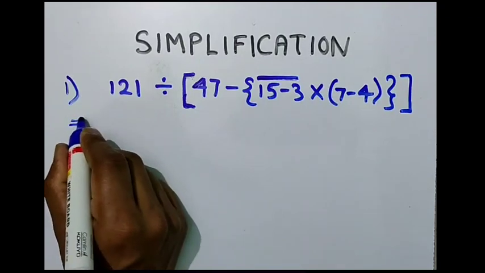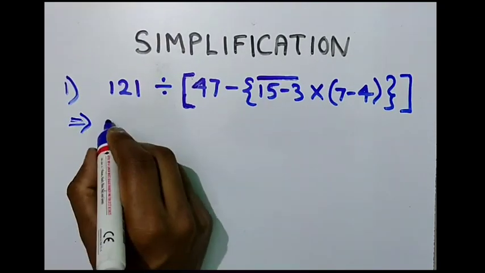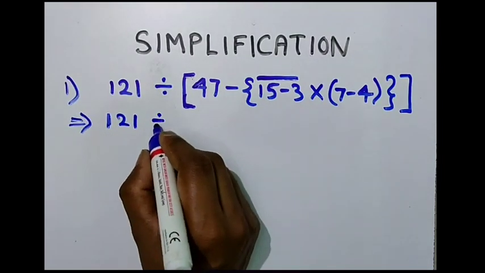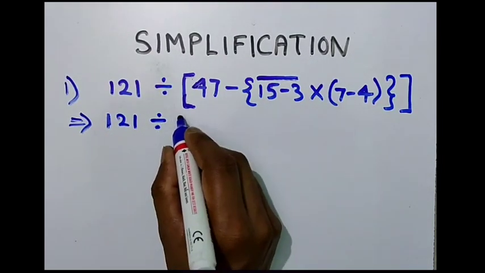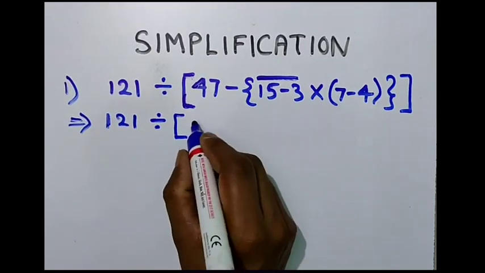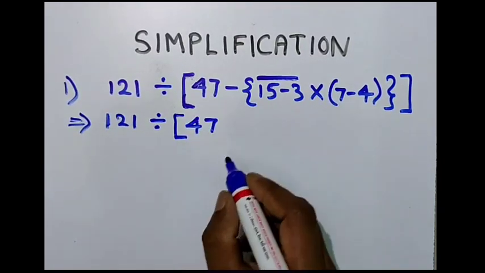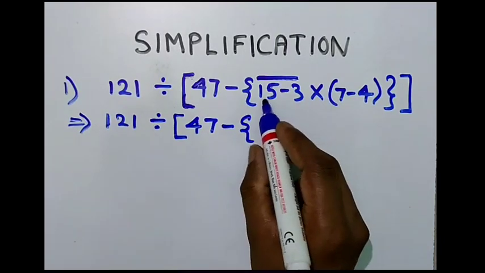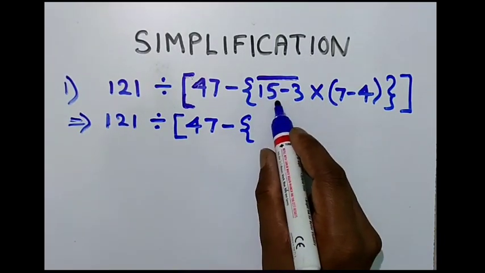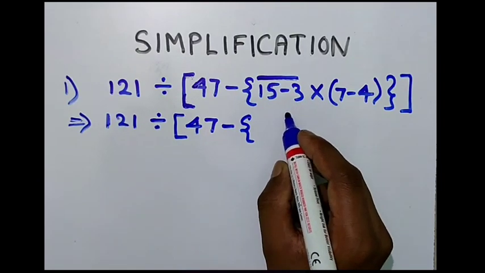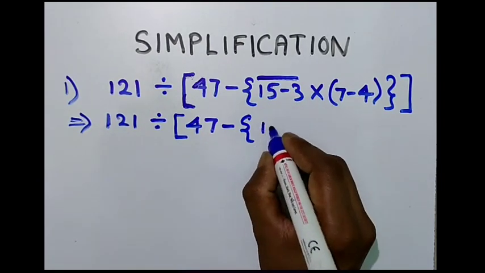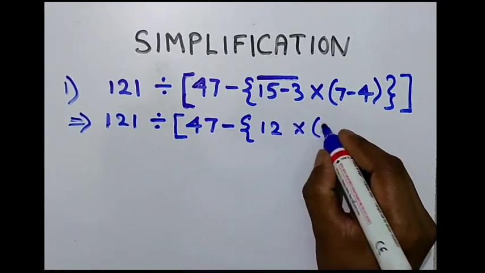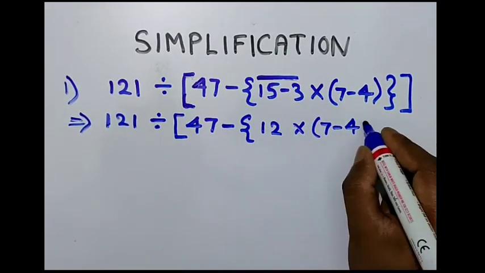Step by step, we'll simply represent all the integers as they are. And the ones that we have to solve first, we'll solve them. So here within the braces we see we have to solve this vinculum. So 15 minus 3 will give us 12. So we have solved the vinculum part, multiplied by 7 minus 4.